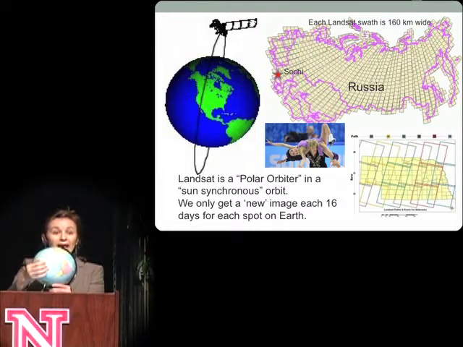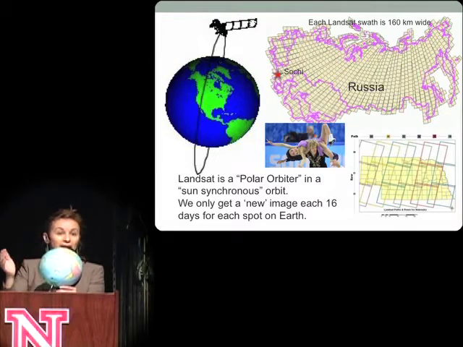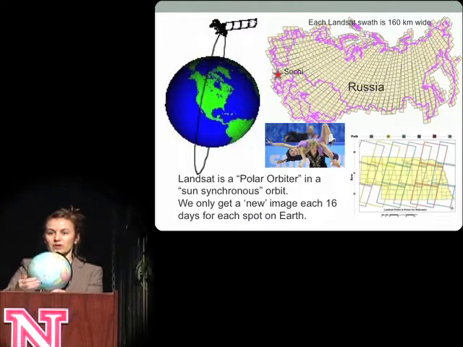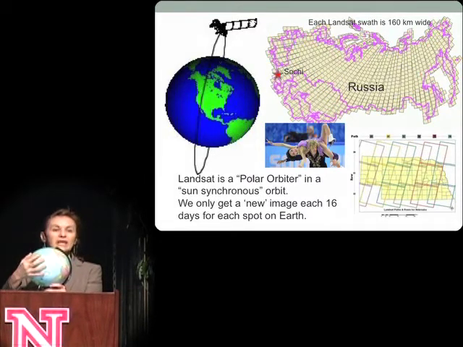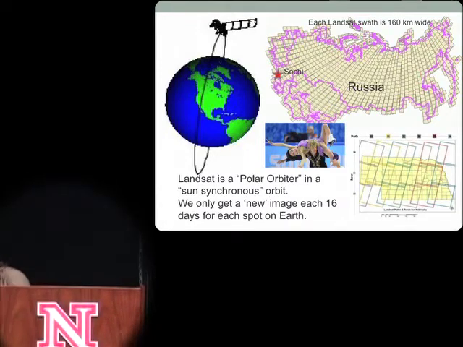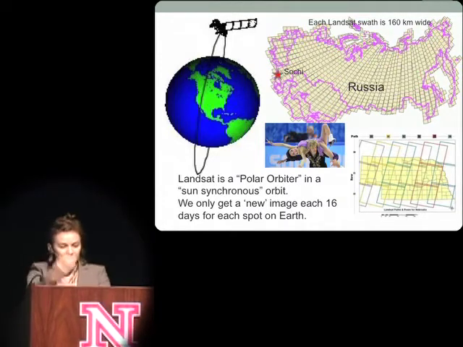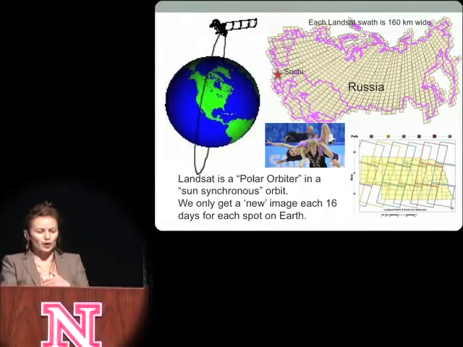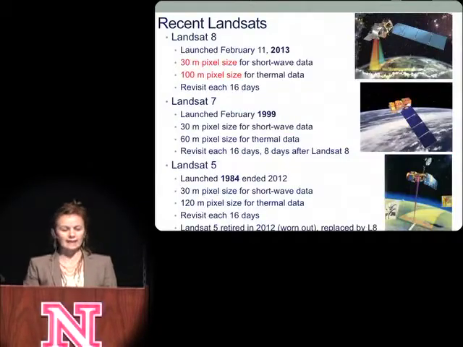It's 11 a.m. in China. So at 11 a.m. the Landsat takes its picture. And again, every 90 minutes we have a new path. So that's pretty much how polar orbiting works with satellites.